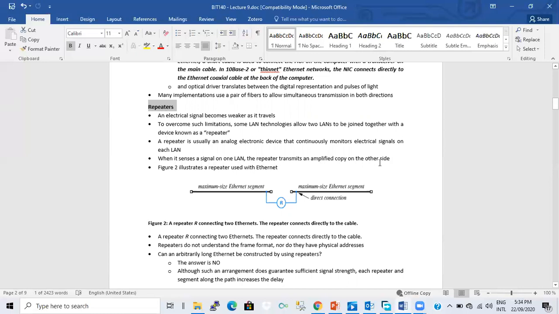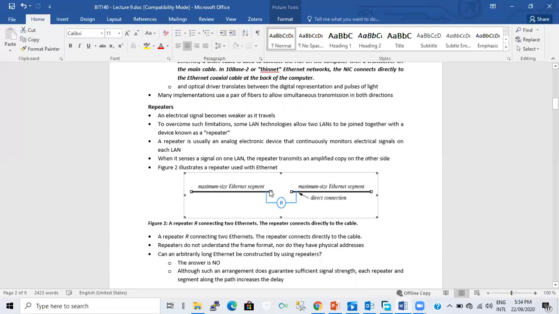Here we have a local area network. Let's say on the left side you are using UTP, and on the other side you are using UTP. This is, let's say, 95 meters, and you don't want to go beyond 100 meters, but your network still has to join.